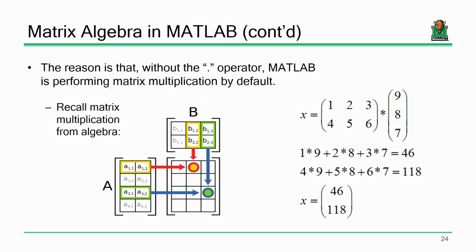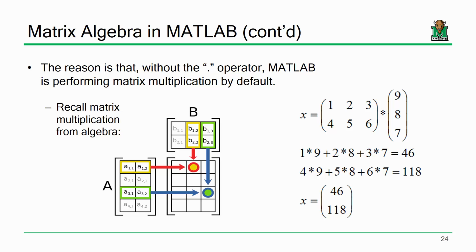Now, I've been saying this whole dimensions work out thing for a while. Let's sort of bring it back a little bit to matrix multiplication. I'm sure you all have done this stuff before, whether in high school or here at Marshall. But if you recall, if you've got 2 matrices that you want to multiply, how does this work? Well, if I've got a given term I want to multiply, I take all the terms in this row, all the terms in this column, and I multiply and add them up, right?